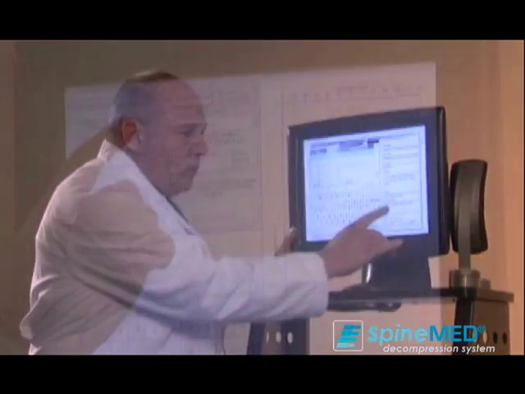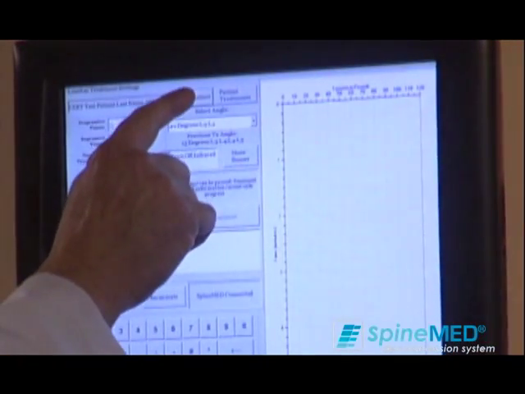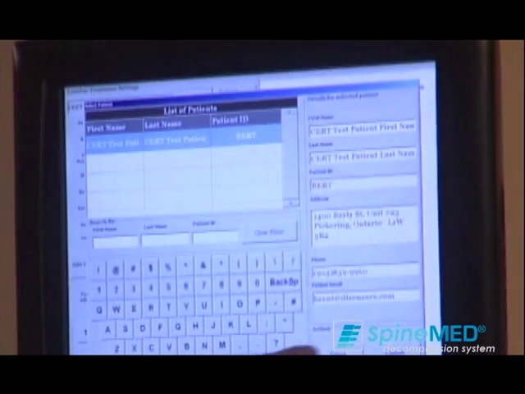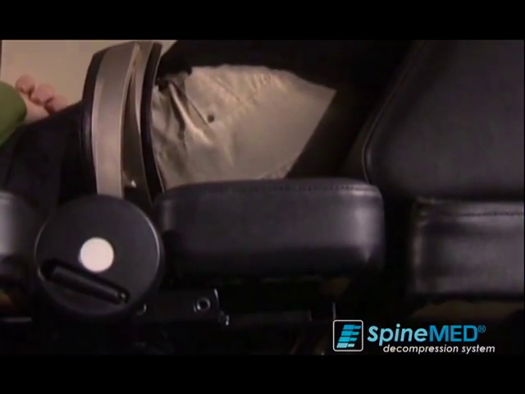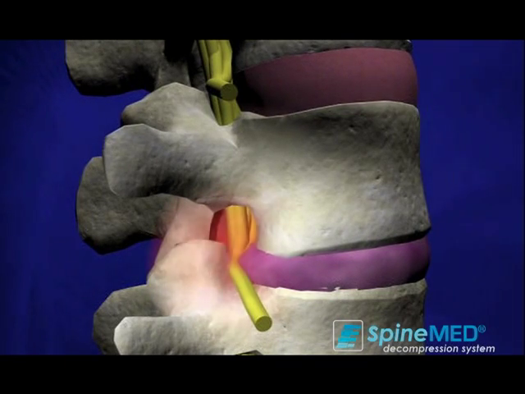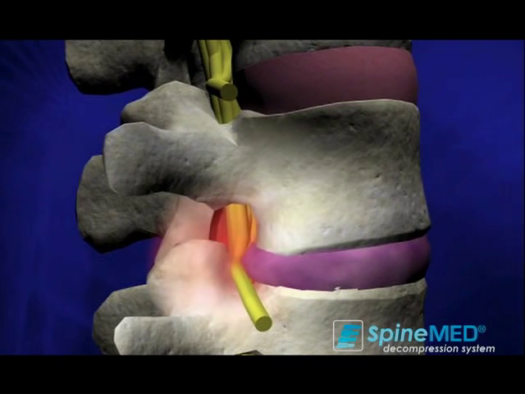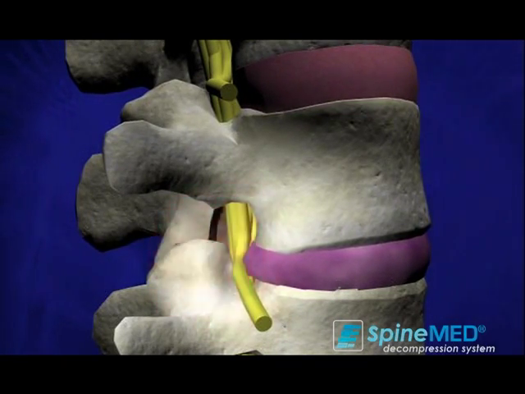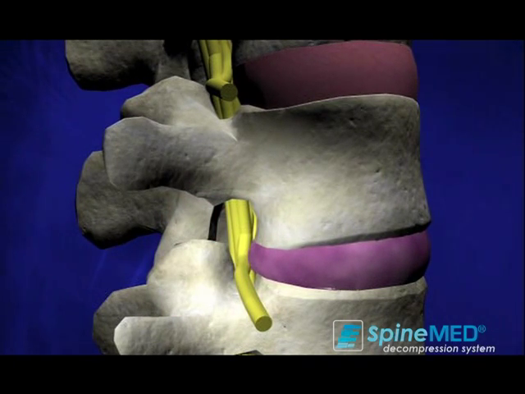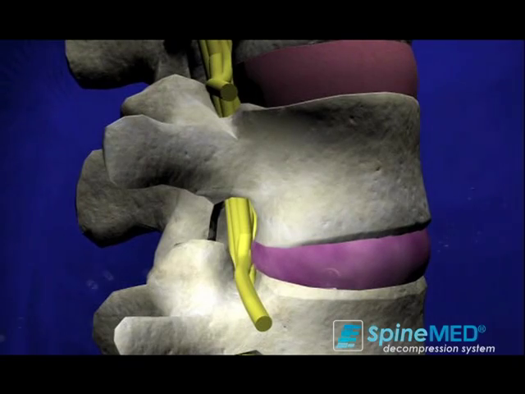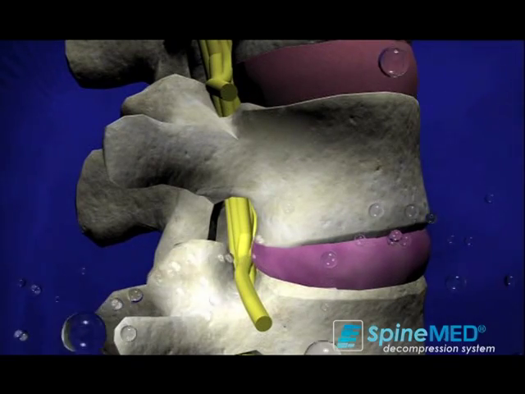Through precise computer controls, the SpineMed is designed to target the damaged lumbar or cervical discs and then gently distract the spine. Under distraction, the pressure exerted on the disc is reduced dramatically, which may help draw the bulging or herniated gel-like material of the nucleus back into the center of the disc, relieving pressure on the nerves.